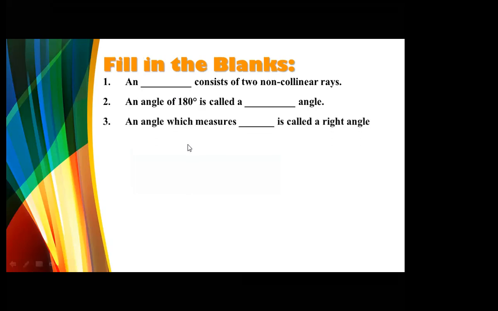Now number three, an angle which measures dash is called a right angle. Okay, now Mir Abban and Sanaullah, please reply. Very good, Hibal. Saad, very good. Umar, very good.